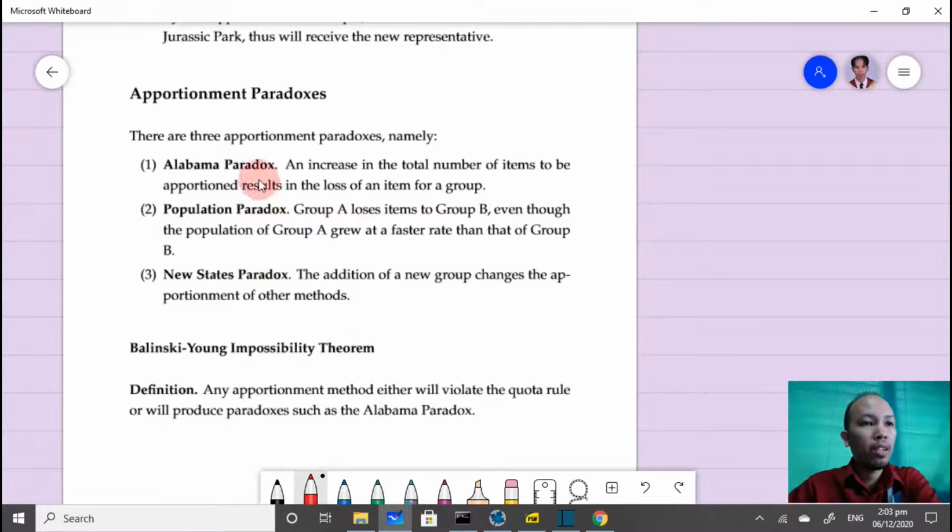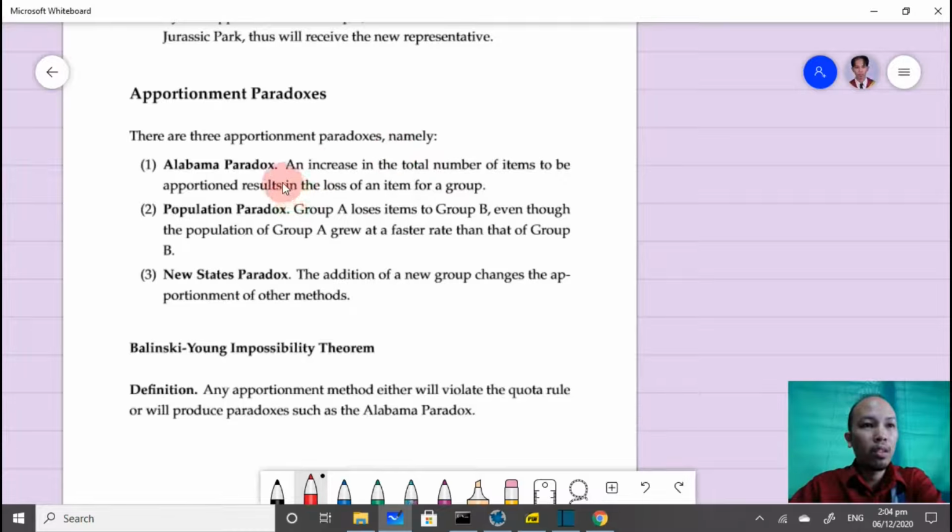Actually, we cannot discuss fairness in apportionment if we don't have an idea of what an apportionment paradox is. As I discussed earlier in example number 2, when we use the Hamilton plan, it violates the Alabama paradox.